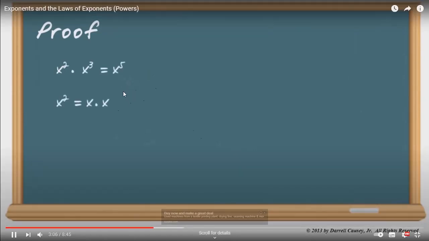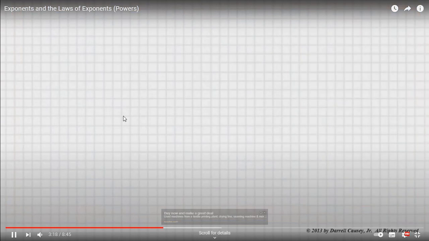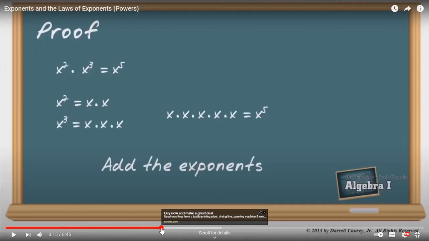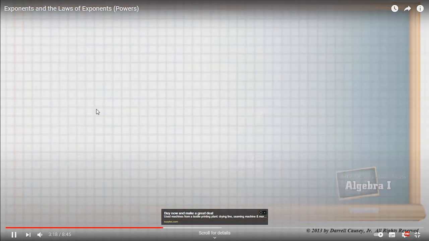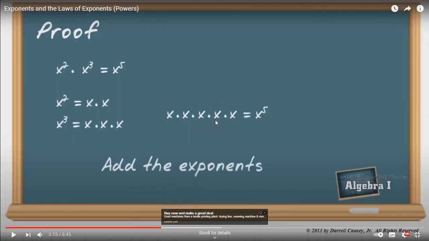Now the proof. You see, x to the power 2 is equal to x into x, and x to the power 3 is equal to x into x into x.